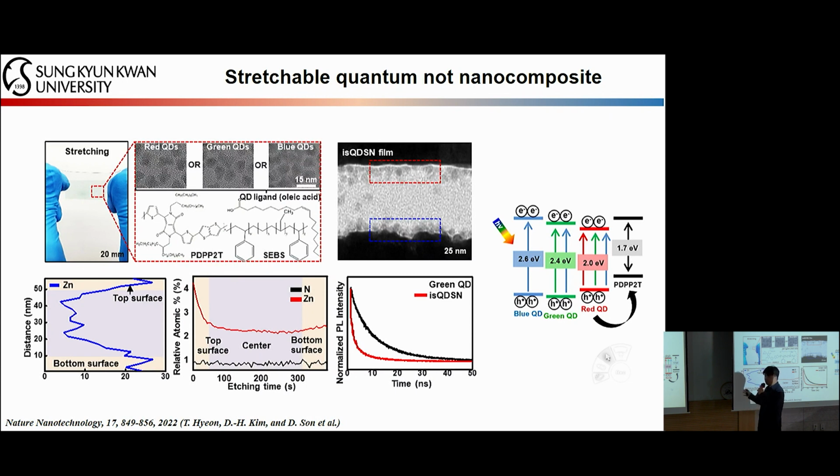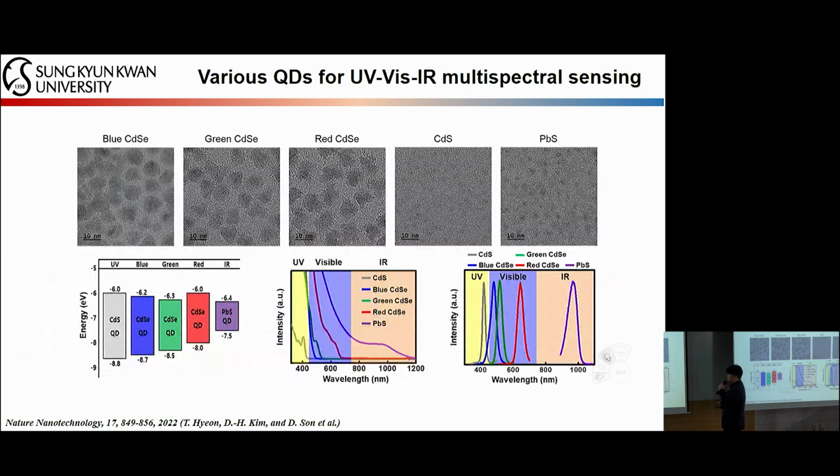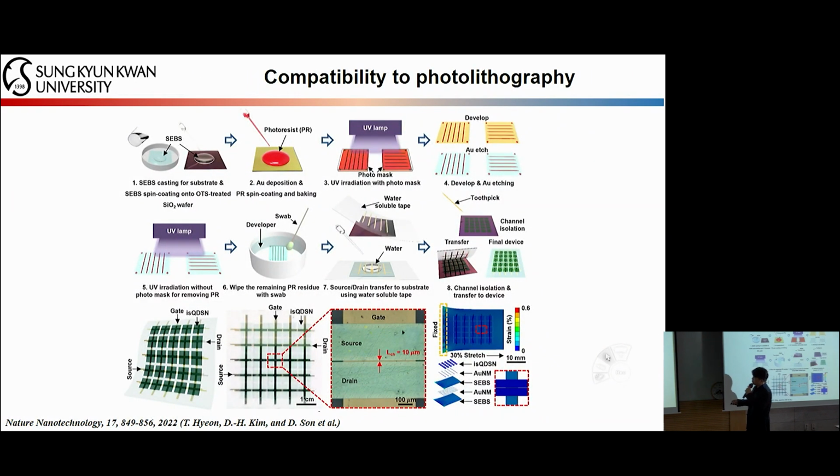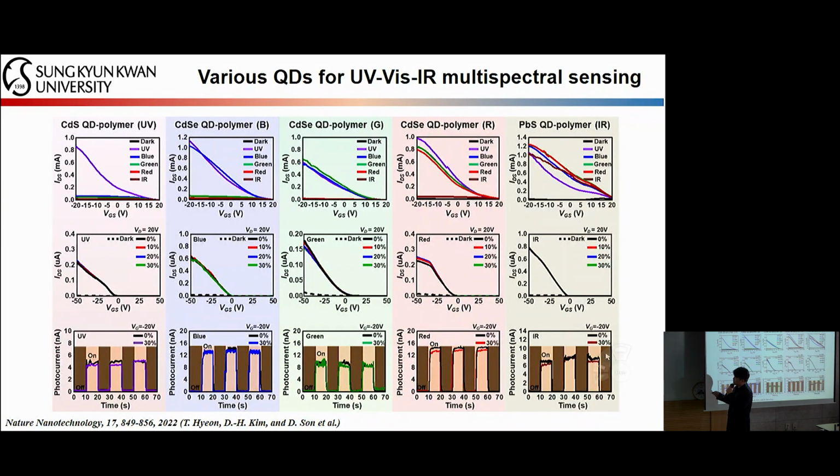This is very efficient. In addition to the visible quantum dot-based phototransistors, we can add cadmium sulfide and lead sulfide, which enable UV and IR sensing systems respectively, so we can add optical sensing functionality.